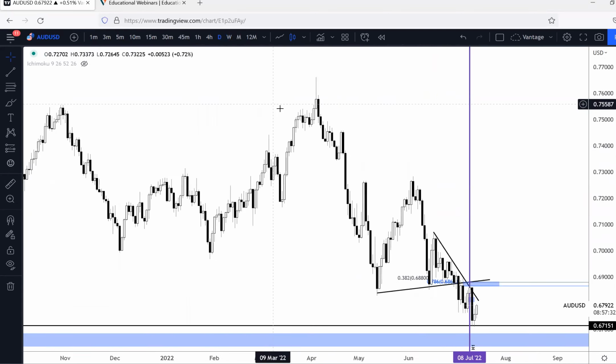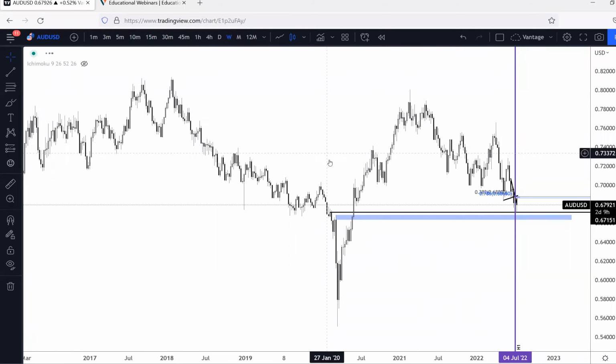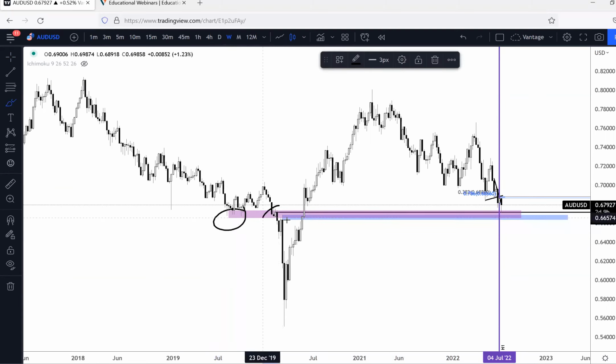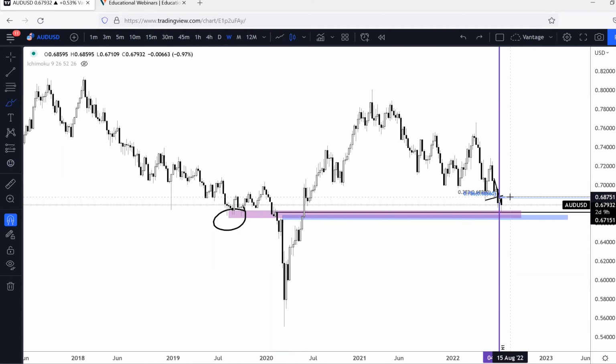Back on our weekly, you can see this area that we've marked out is a support area, and there's also another higher level up here, which price is testing right now. As usual, price came in and respected this area as a support before it reacted and failed as a resistance, and right now prices are testing this area again. So this is the bigger picture.